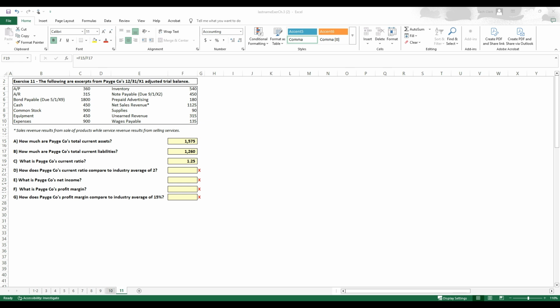So if we're at 1.25, I think we are riskier then, right? Because if we had more current assets, we would increase our ratio to get closer to 2. So we have a lot of liabilities. I mean, we have enough to pay our bills off, but the average is 2. We're not in line with the average, basically.